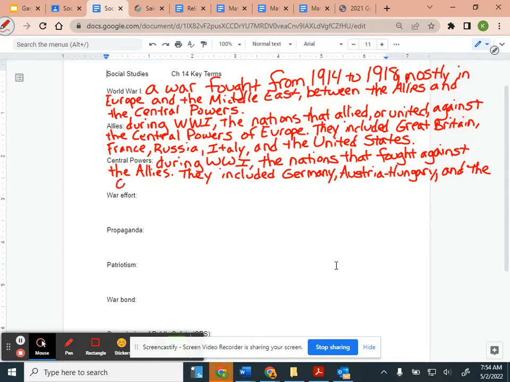The Ottoman Empire was a country. What is it now? A lot of different countries. It got broken up, and I think it was broken up after World War One. So we're going to see if we hear about what it was broken up into. Just like Austria-Hungary now is the country of Austria and the country of Hungary. Things have changed.